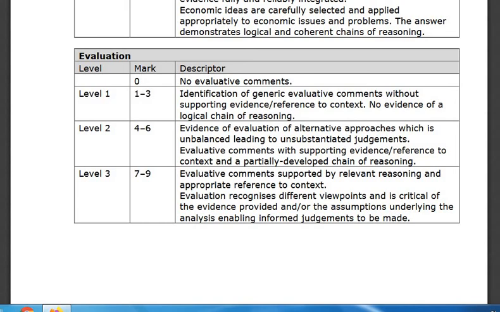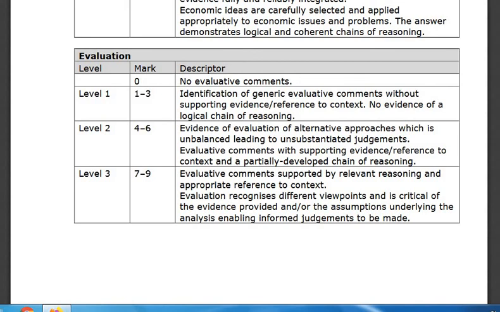So how can you score evaluation? The most obvious way is just to explain why something might work, or what might not work rather, or counter arguments, or what might happen if ceteris paribus broke down, or other factors that it might depend on. So let's look at this then.